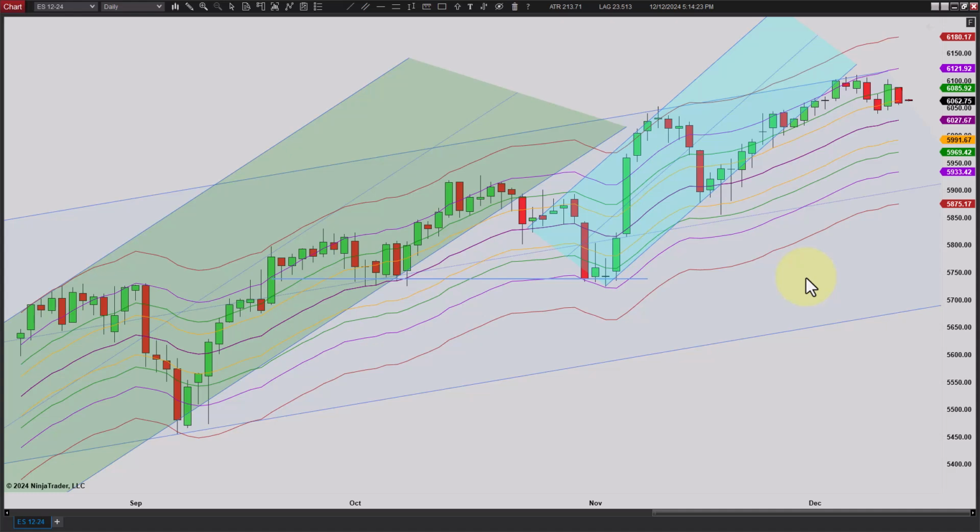Anytime we have those gaps, generally prices are going to fill those gaps. Not always, it's not 100%, but most of the time they're going to at least attempt to fill those gaps, and a lot of times they will fill them. As soon as they filled that gap, prices turned down and traded down pretty much for the rest of the day. So we almost closed on our low here. So pay attention to that.